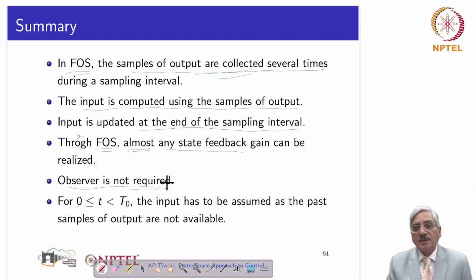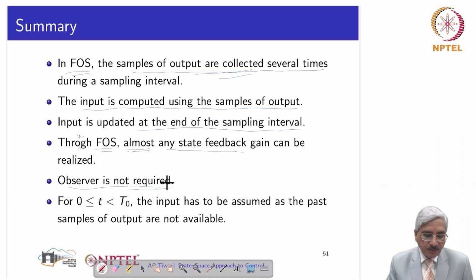We discussed in the introduction in the previous videos that if we have to implement a state feedback, that necessitates an observer, and we learnt about the Luenberger full order or reduced order observer. But like MROC, the multi-rate output controller obviates the need of an observer. Similarly, based on the fast output sampling based controller, we will not require any observer.